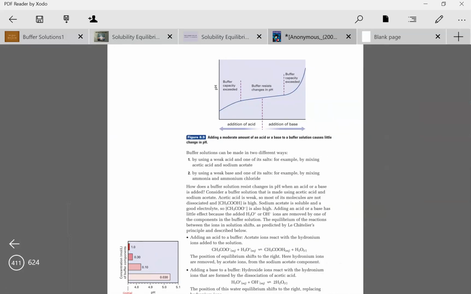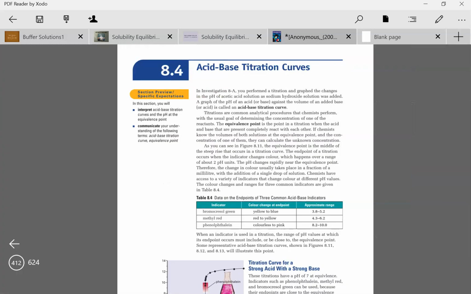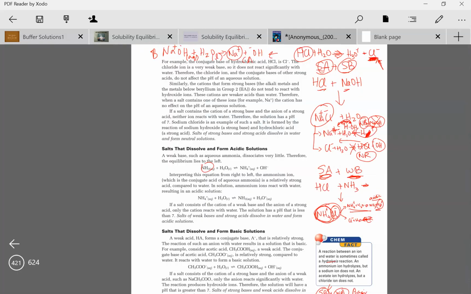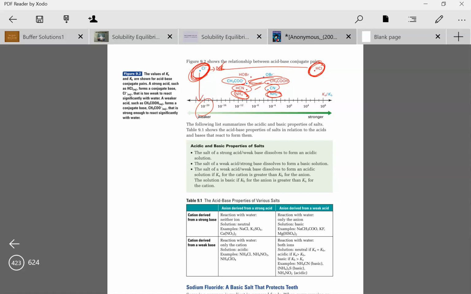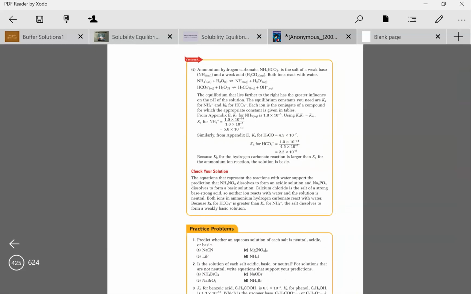I think we will continue with the homework, because this was page 409. So this was the chart I was talking about before, the strong acid chart. Look at this chart, very important, or very useful, I should say.